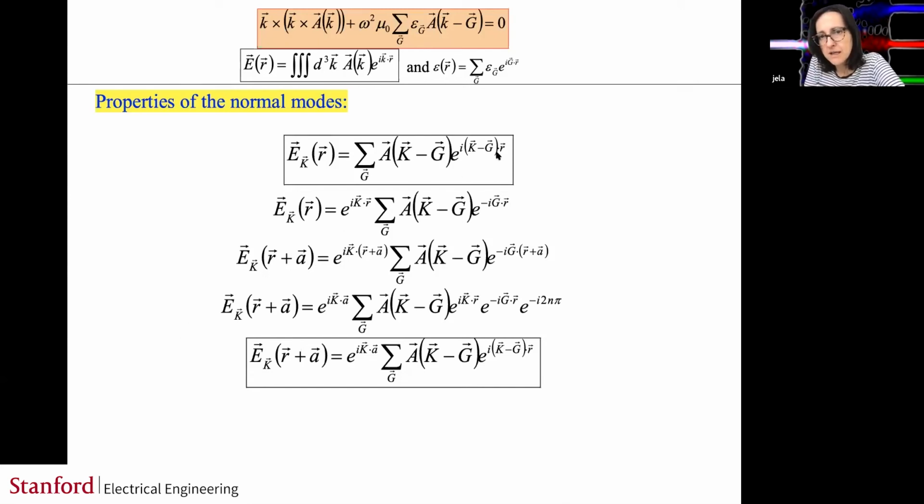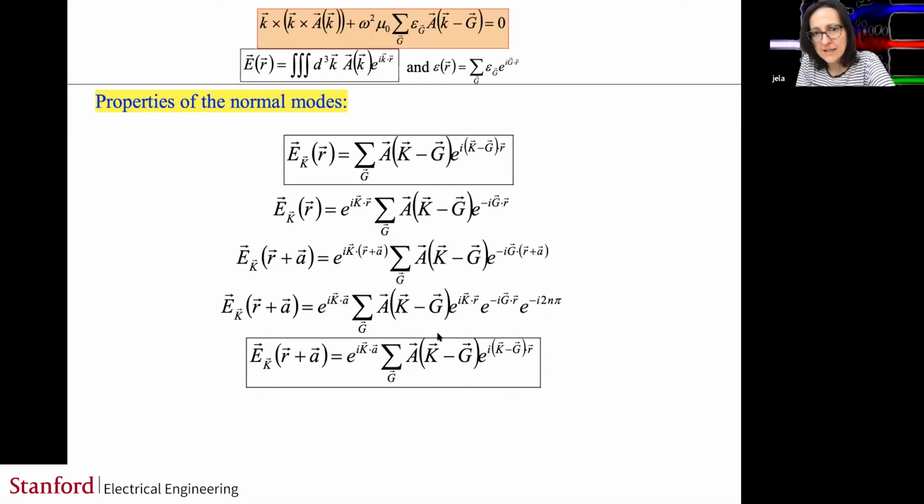You just plug in R plus A in the exponent, and then you use the property that G dot A is 2 pi times n, some integer, because G is not necessarily a primitive reciprocal lattice vector. It could be some arbitrary reciprocal lattice vector, but it's 2 pi times n, which is not changing the result because this part would be 1.